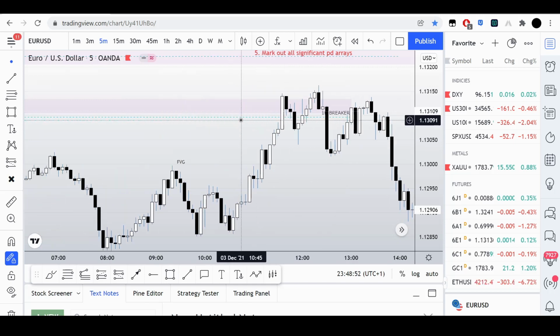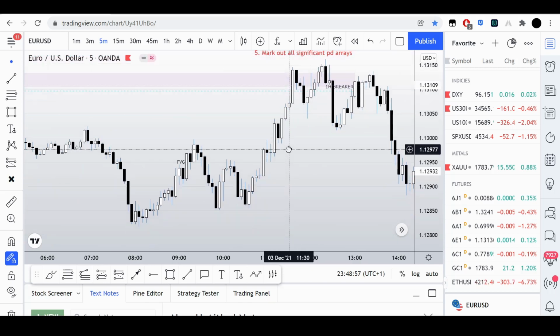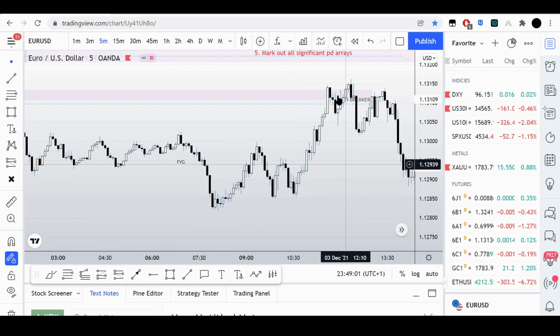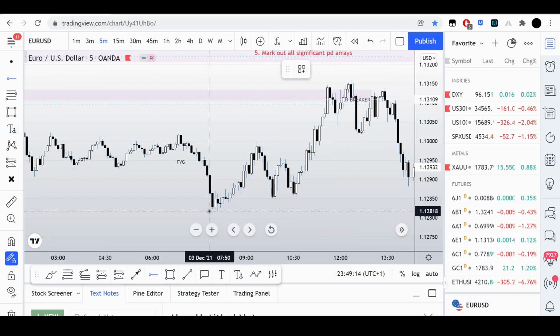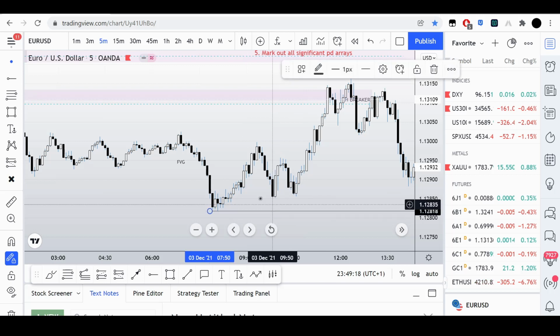So this is basically a market maker sell model right here, and this is what I usually look at when I'm looking at a sell model. I first analyze to see if there was a stop point and break in structure, because usually that's the market maker reversal. I'm just going to simplify it, and then my eyes go right to this as a draw, as the end of consolidation, the draw on liquidity.